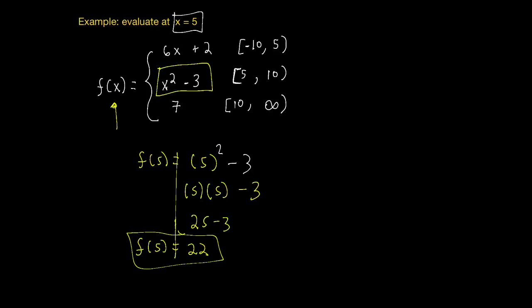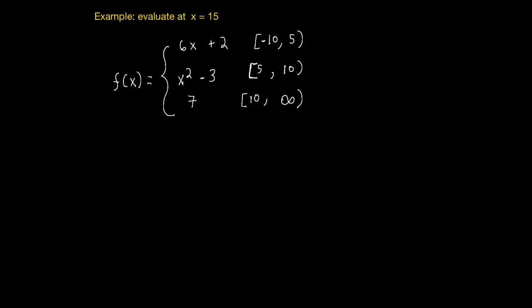Okay, let's do a last one. So now at x equal to 15, let's plug in 15. So we have to evaluate f of 15. And you can see that if we scan the intervals, 15 is going to exist within this interval from 10 to +infinity. 15 is going to be somewhere in the middle here. Not exactly at the middle, but somewhere in between.